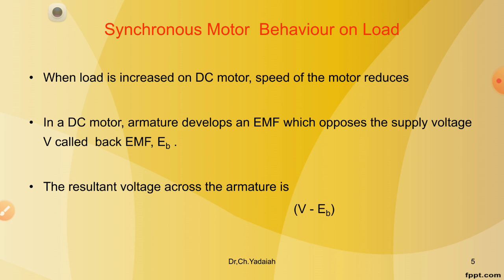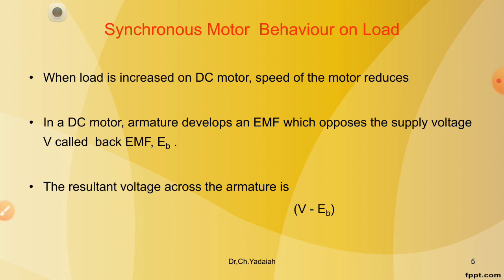As we know, let us consider the behavior of the motor on load. Before going to our synchronous motor, the well-known motors are DC motors, so we will start from DC motors. When load is increased on a DC motor, the speed of the motor reduces.